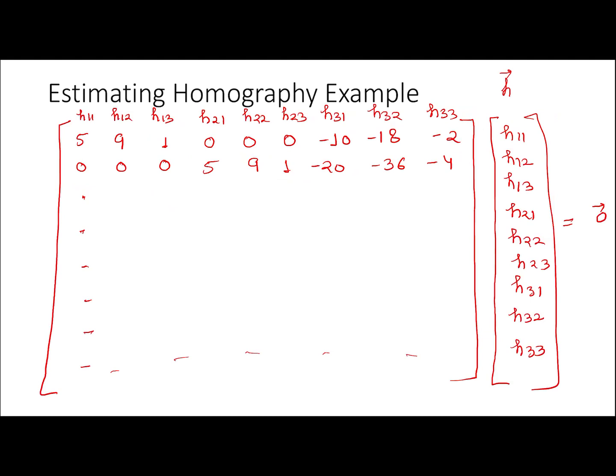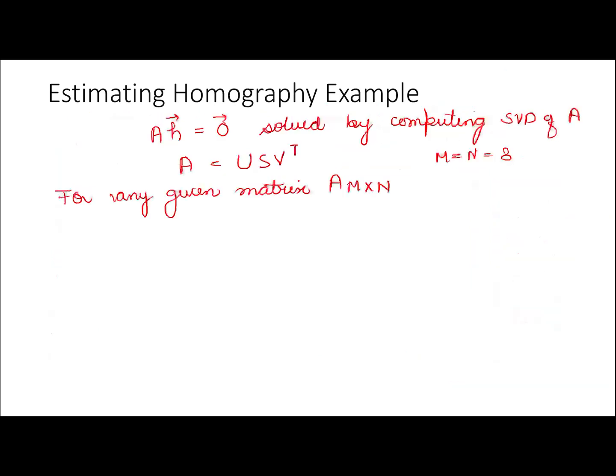But instead of 4 pairs of corresponding points, which is the minimum requirement, I can have more pairs of corresponding points as well. If I have more pairs, the number of rows will be more. Here since I have 4 pairs, it's a square matrix where M is equal to N is equal to 8.